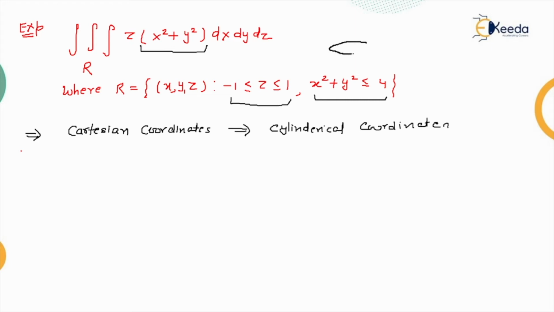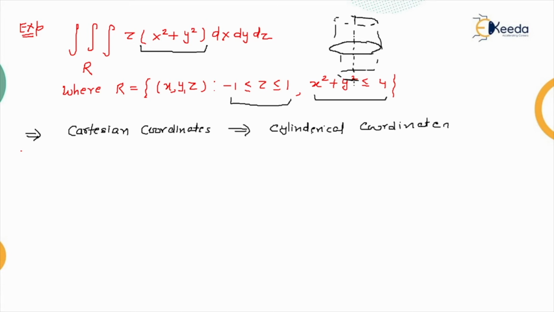It means it forms a circle, and here the limit of z is given to you. It means z is moving from -1 to 1, so z performs a role like a height. So this portion will be the shape of a cylinder, right? You can see that it forms a cylinder.